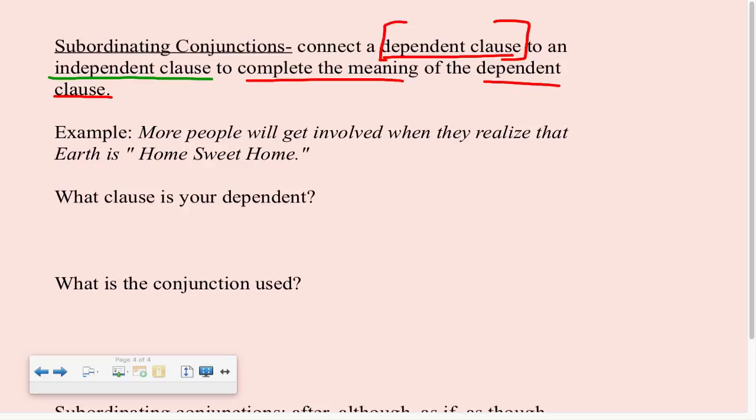Let's take a look at the example given to you. More people will get involved when they realize that Earth is home sweet home. A dependent clause will usually start with a subordinating conjunction. Do you see a dependent clause in the example sentence at all?